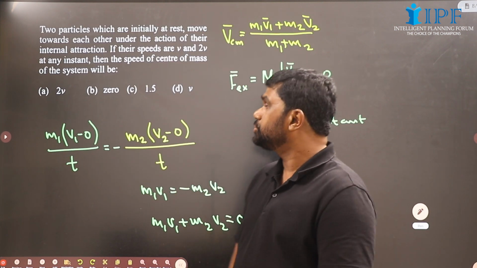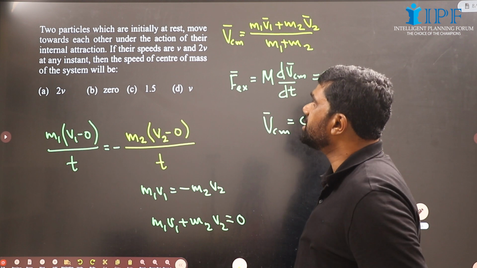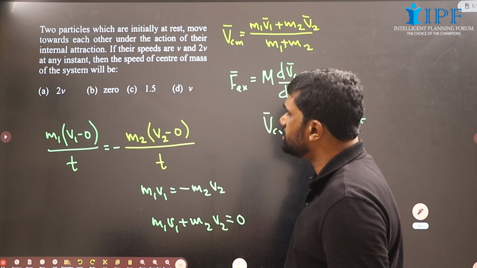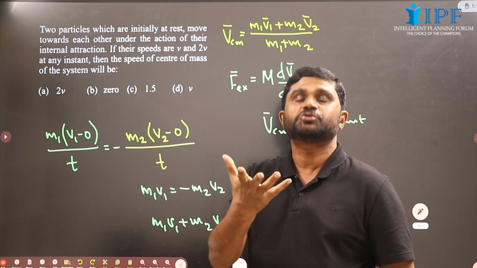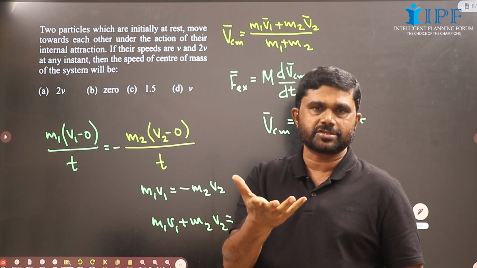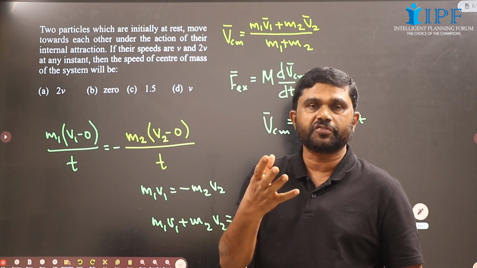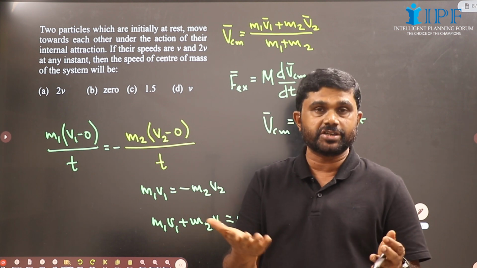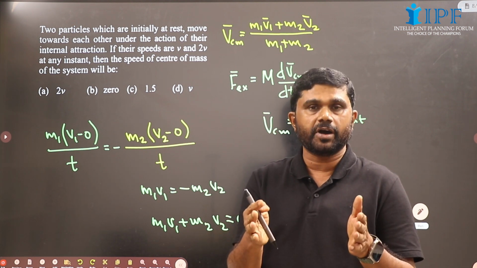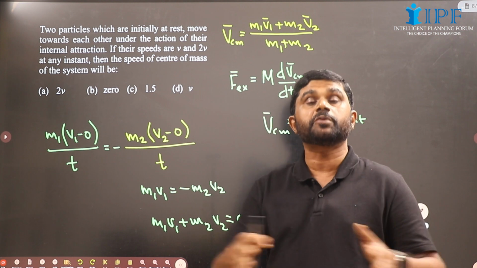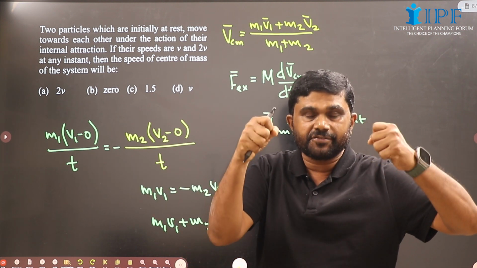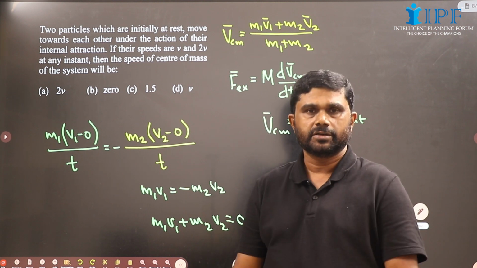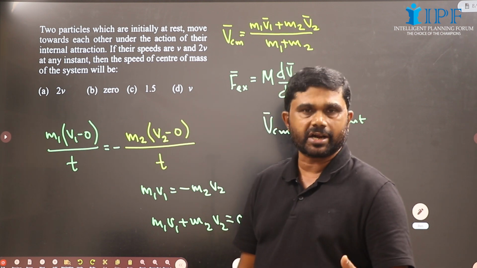Now see, this is also a previous question. 2 particles which were initially at rest moved towards each other under the action of their mutual attraction or internal attraction. Here the force of interaction need not always be attraction. Suppose they move under the effect of mutual repulsion. If the system moves under the effect of mutual interaction, it can be repulsion or attraction.